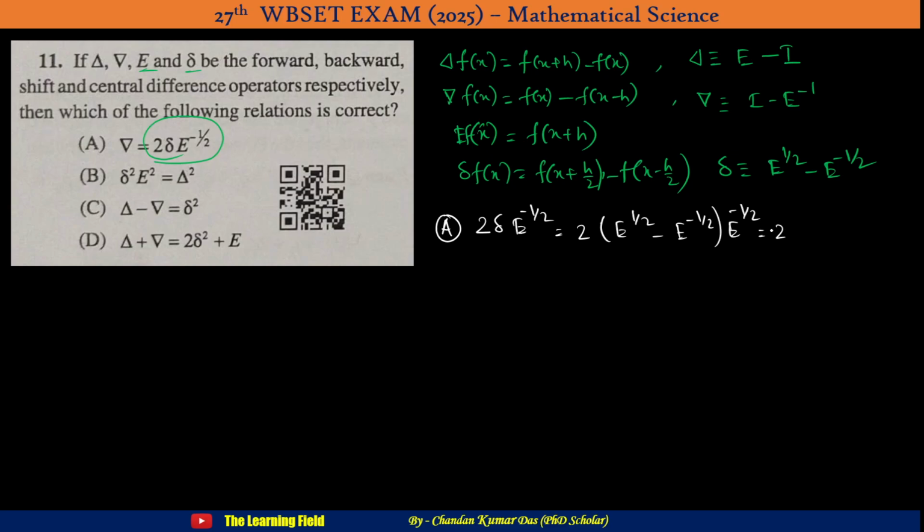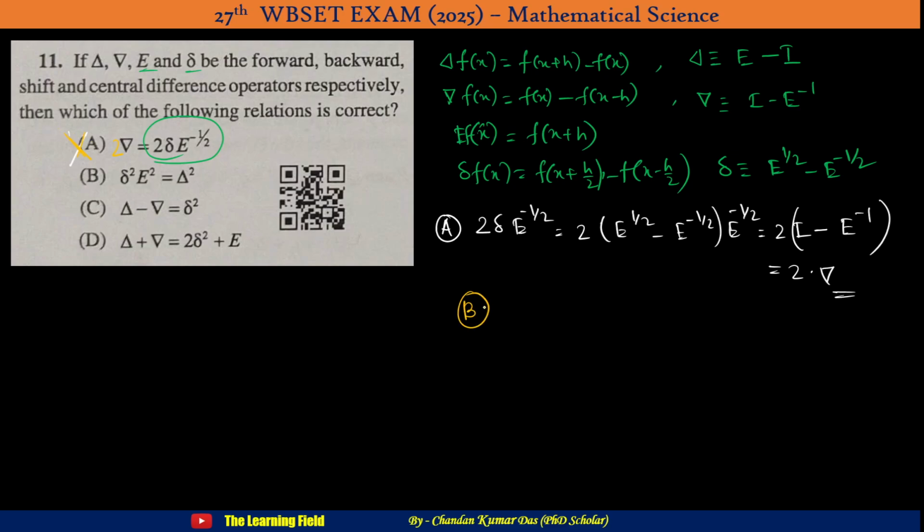This is equal to 2 times (I minus E inverse). This is equal to 2 into backward delta. But here only delta is given, so option A is not correct. If 2 were given here, then this would be true, but in this case it is not true.